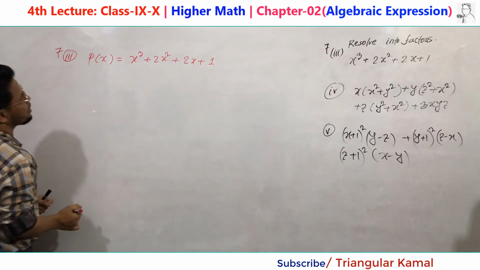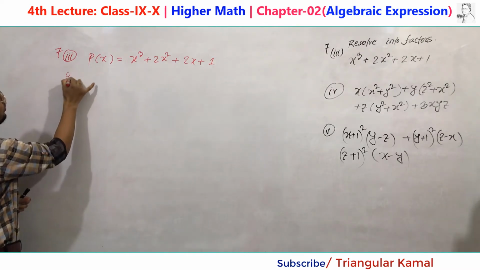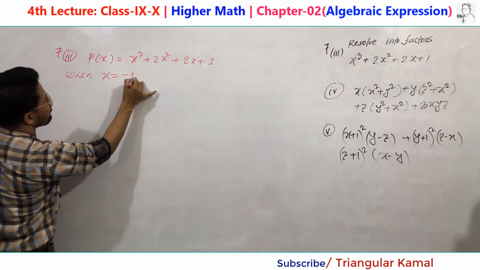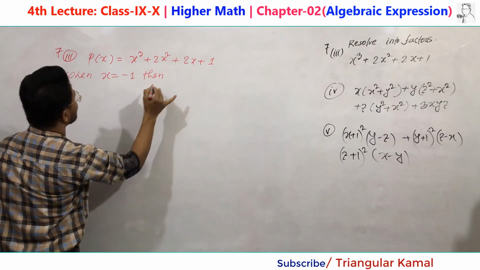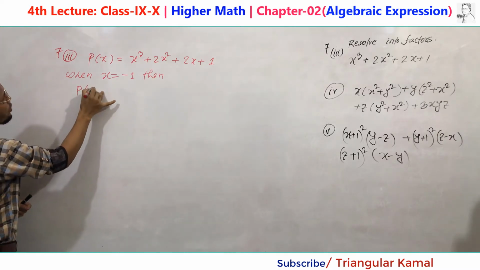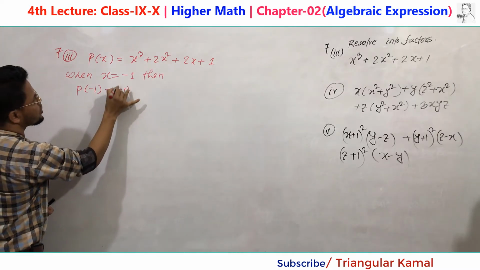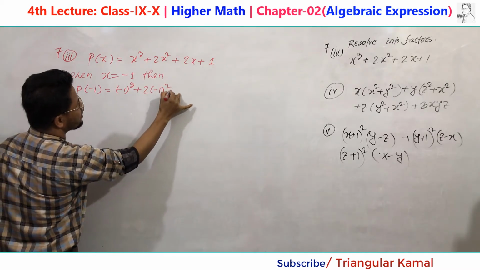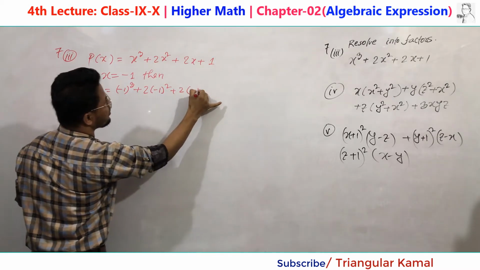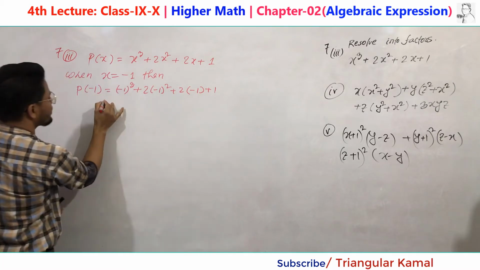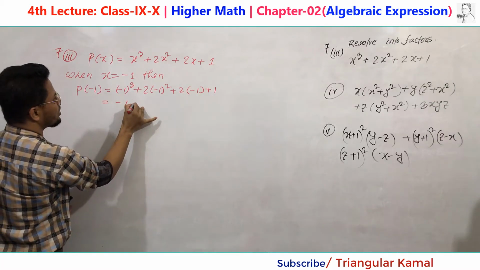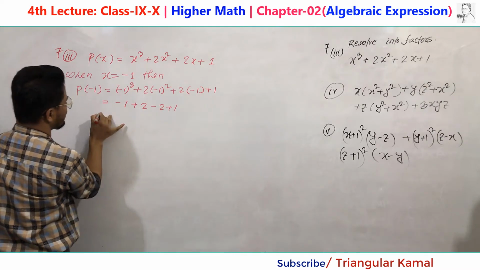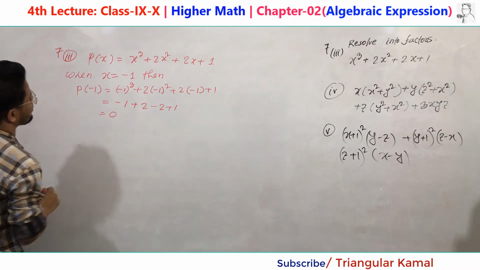Okay, now when x equal minus 1, then p of minus 1 equal minus 1 cube plus 2 times minus 1 square plus 2 times minus 1 plus 1, equal minus 1 plus 2 minus 2 plus 1, equal 0.